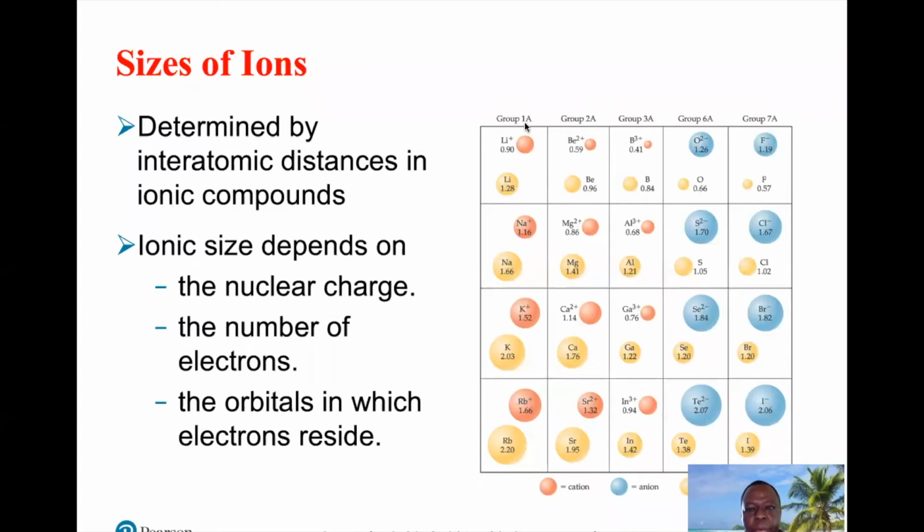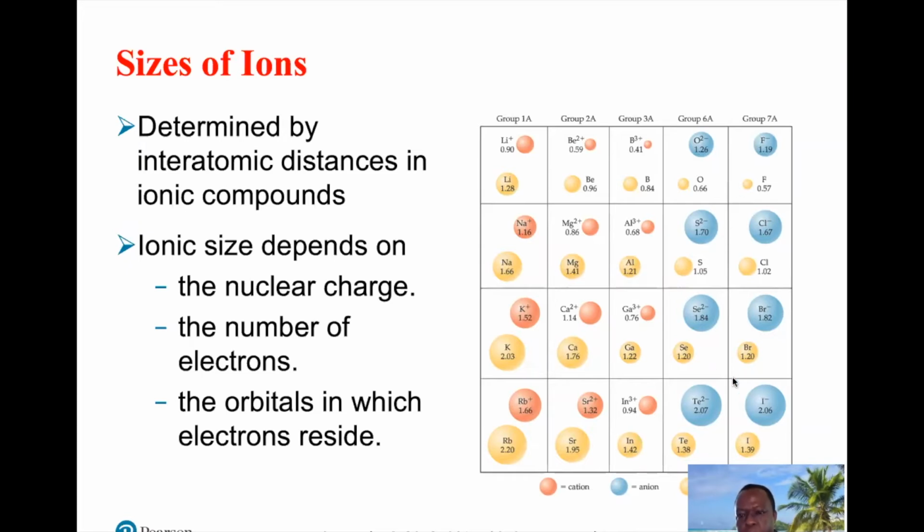If you look at the cations versus the neutral atoms, cations tend to be smaller than what? Than the neutral atom. This is the sodium neutral atom. If you look at the cation, likewise for magnesium, likewise for potassium, always for cations compared to neutral atoms, cations are smaller, whereas anions are bigger than what? They are bigger than their parent atoms.